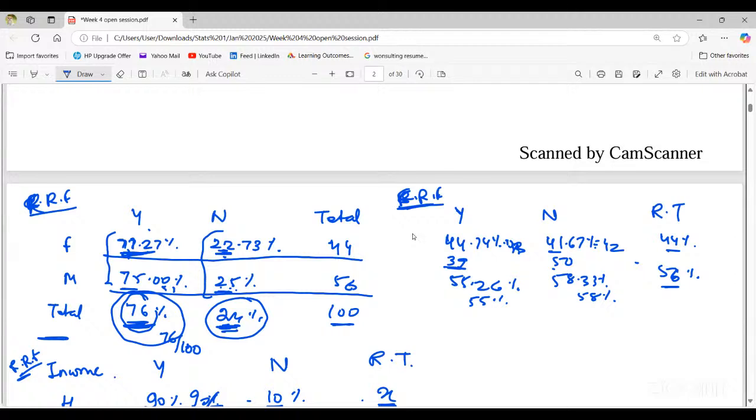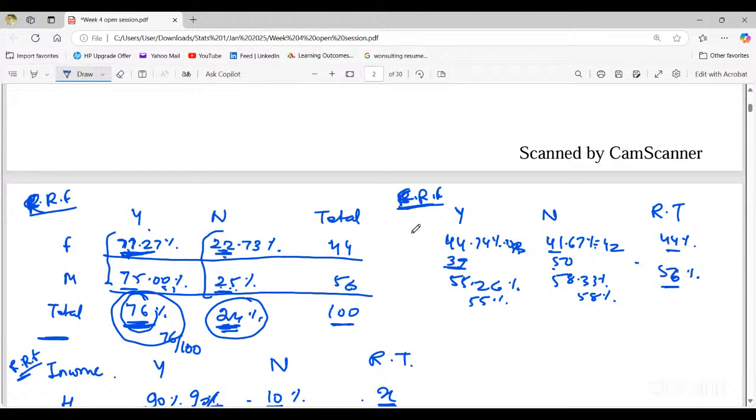So now you tell me whether this is row relative or column relative. Ma'am, if we are comparing through the row total, basically that is row relative frequency. Yeah, correct. Now you understood, Kashi? Yes, ma'am. When we are comparing through the total of rows, then it is row related.